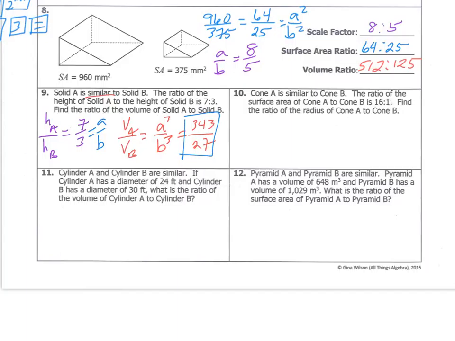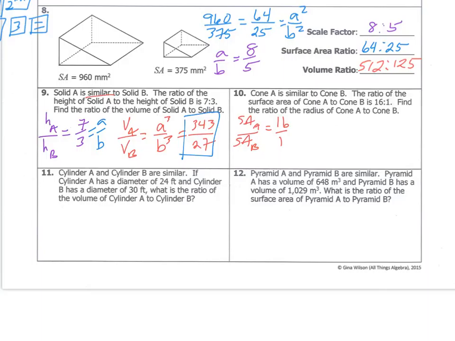Then number 10, now we have a cone. So cone A is similar to cone B. The ratio of the surface area of cone A to cone B is 16 to 1. So this time we have surface area. Surface area of A to surface area of B is equal to 16 to 1.